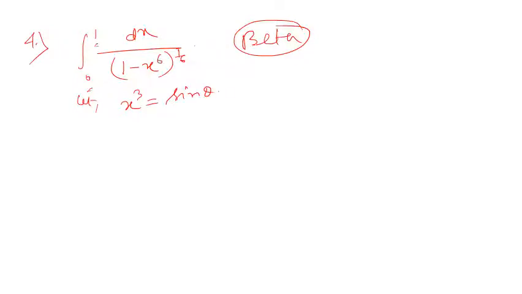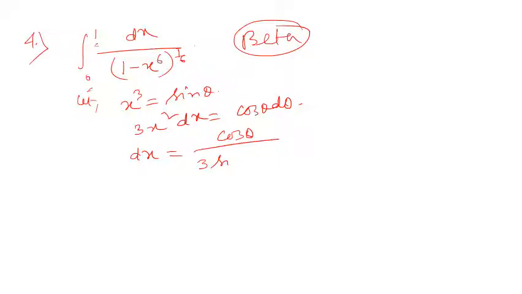So x cube equals sine theta actually gives 3x squared dx equals cos theta d theta, and from here dx equals cos theta by 3 sine to the power 2 by 3 theta d theta, and the limit would be 0 to pi by 2, right?